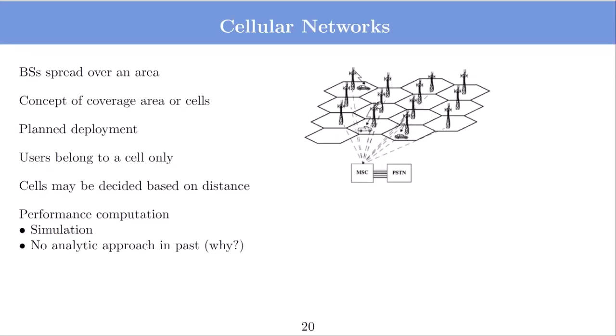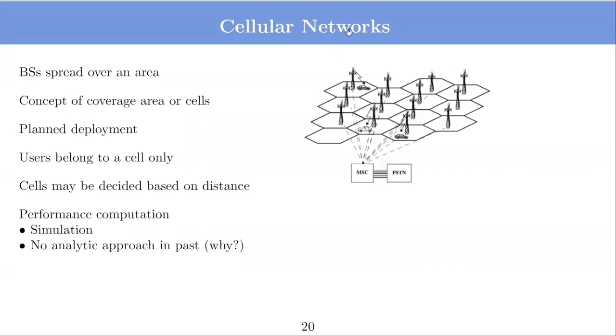The area is divided into small cells. This base station will serve this area because it has all the locations for which this tower is the closest or in a better position. So the complete area would be divided into cells, and each cell will be known as the coverage area of this tower.